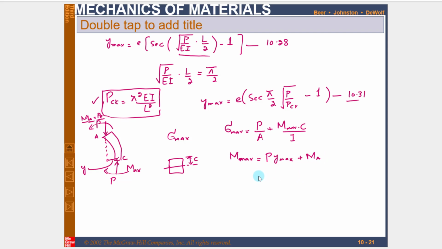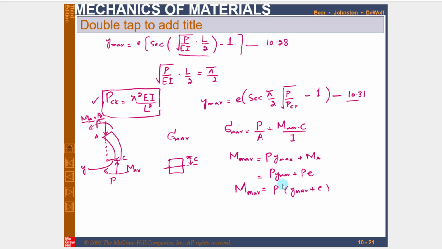Clear? MA is P into E. So this maximum bending moment will be equal to P into Y max plus E. This is the maximum bending moment.